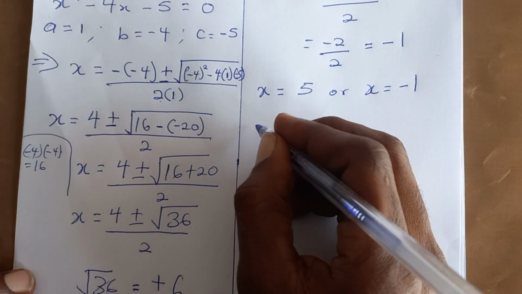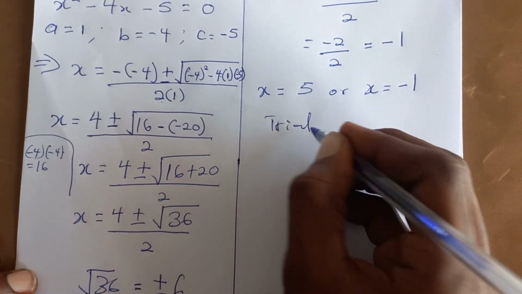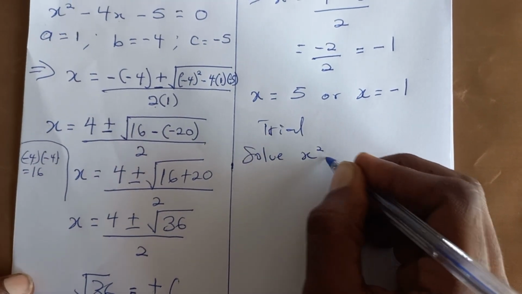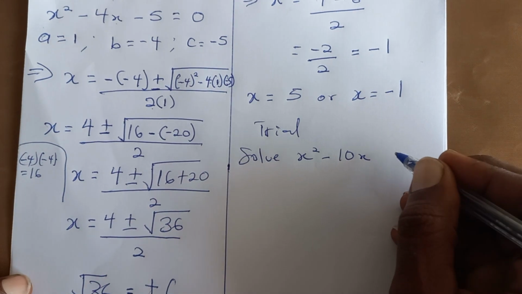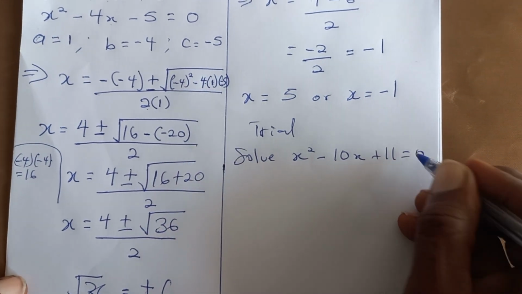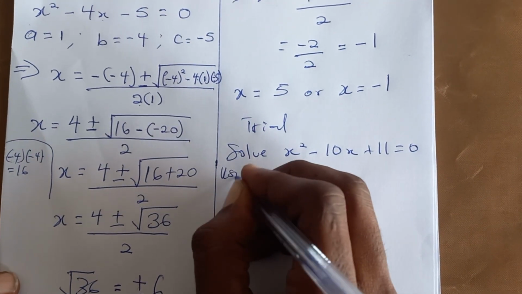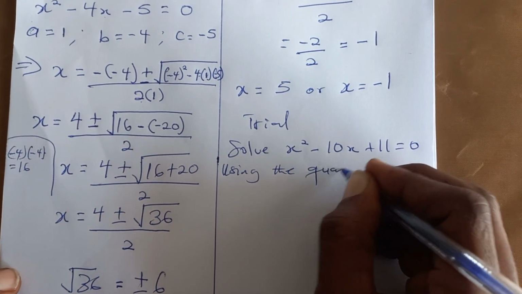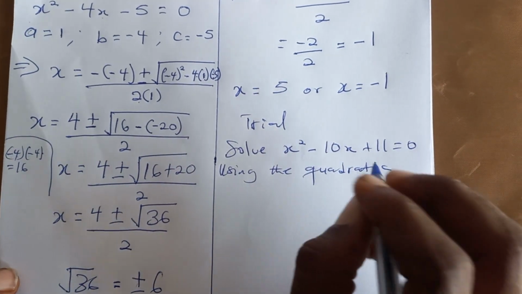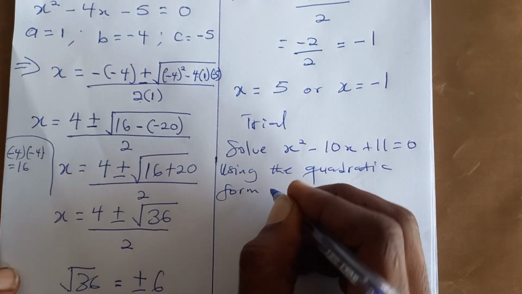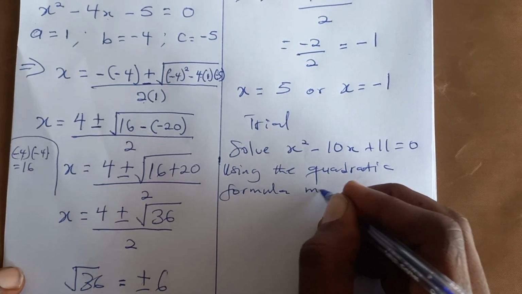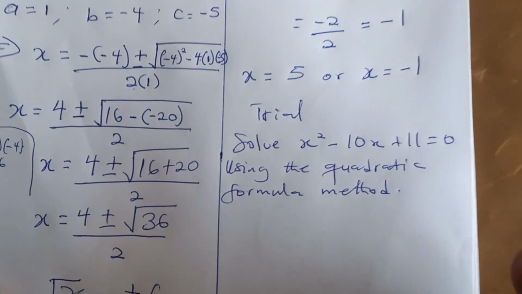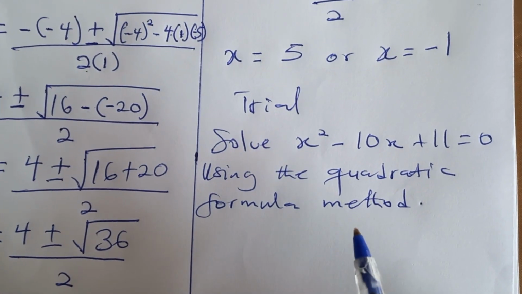So your trial, you have to solve x squared minus 10x plus 11 is equal to 0, using the quadratic formula method. Good. So this is simple. Don't forget to try this.